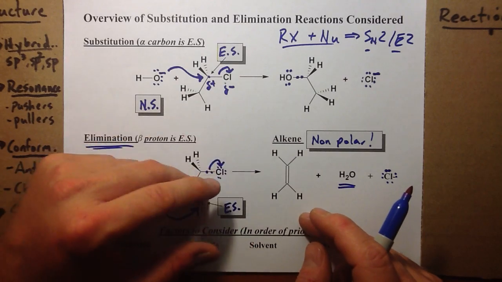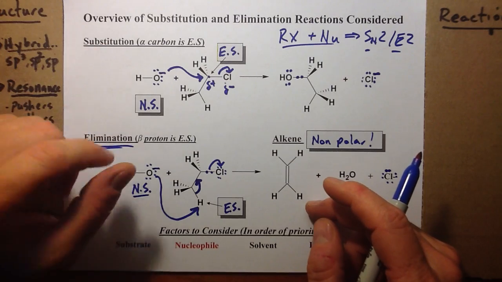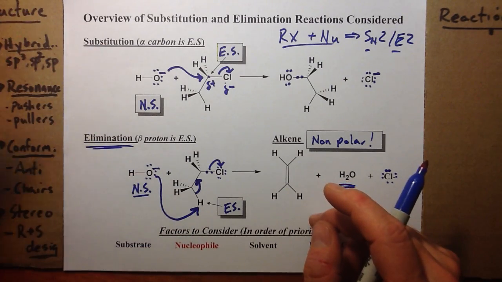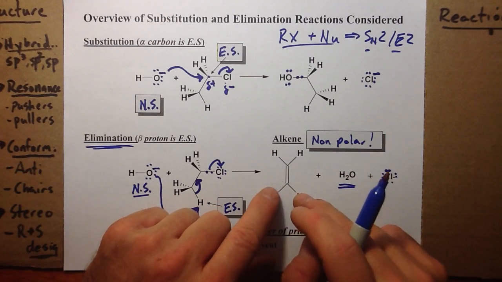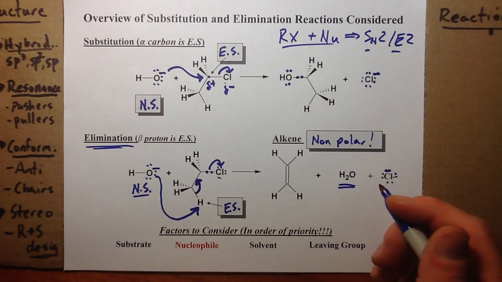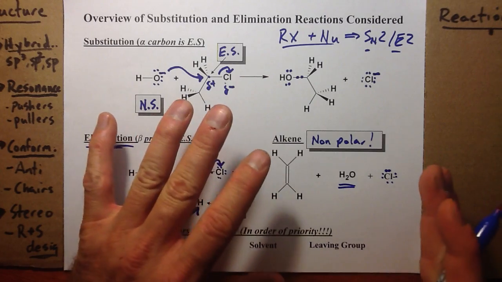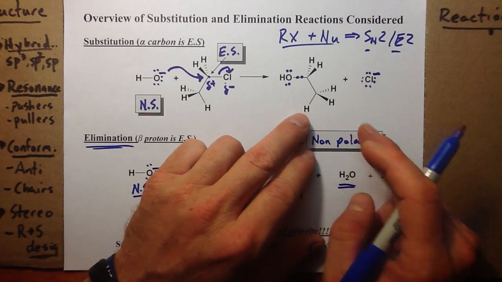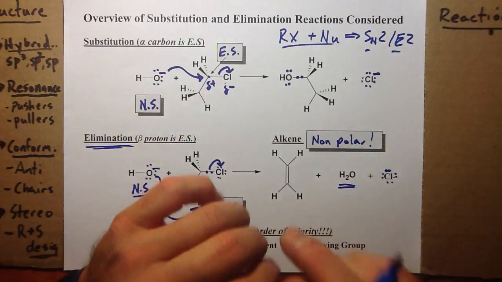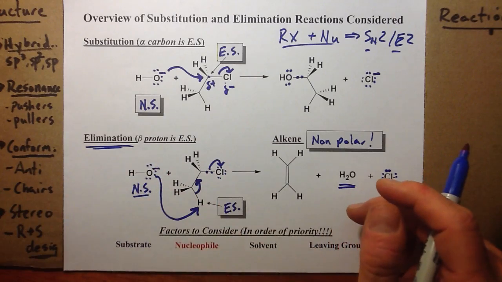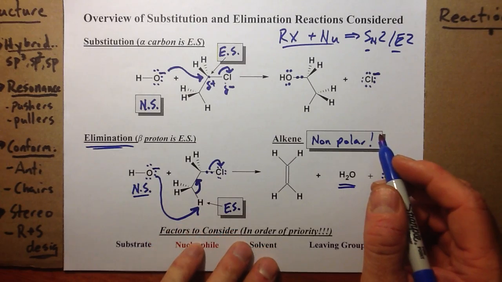There's going to be some competition between these two, and we can favor one over the other by setting the conditions such that we favor driving this off. What conditions would that be? Higher temperature. Second, if we form 3 things, it has in general a greater entropy than just forming 2 things. So higher temperature also favors formation of more disorder, 3 things versus 2. So we can start to favor E2 over SN2 if we go to high temperatures.